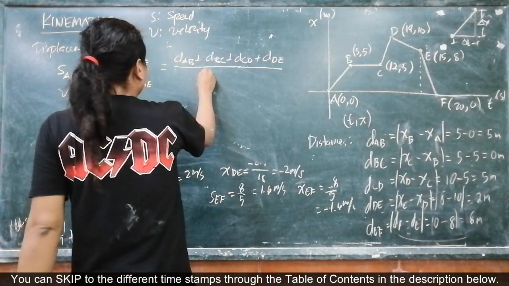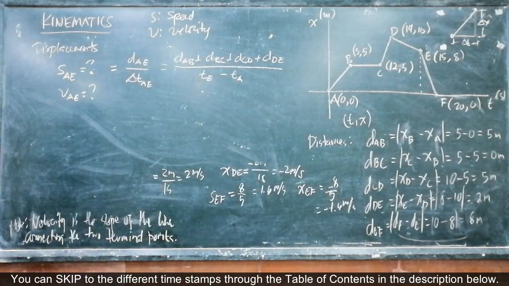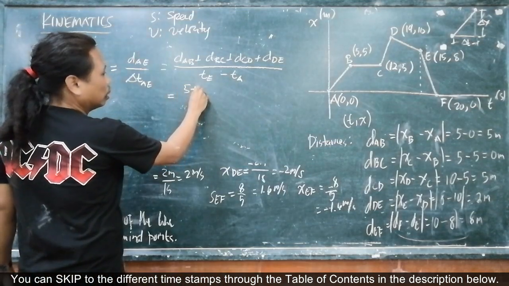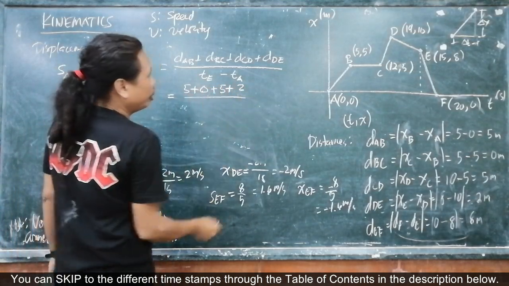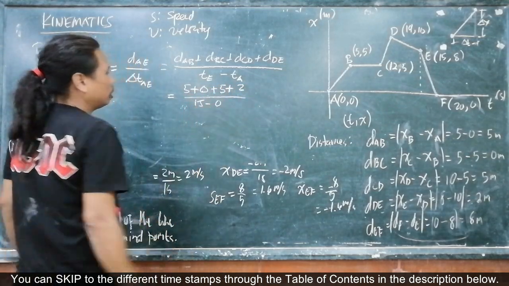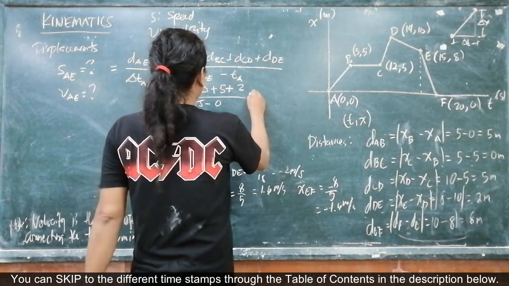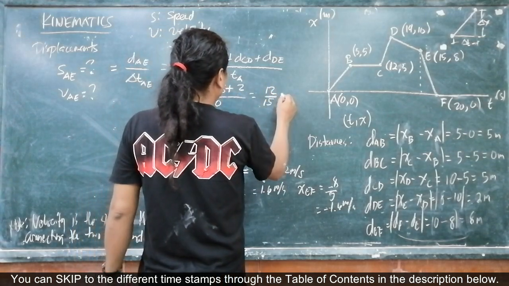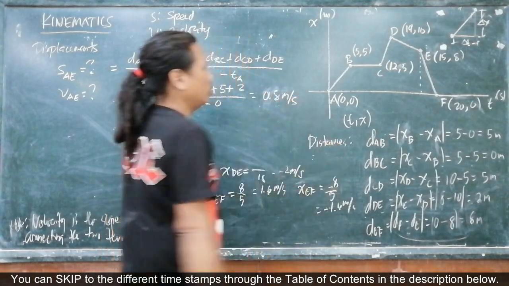And you will see that this is 5 plus 0 plus 5 plus 2 over 15 minus 0. Okay? So this is 12 over 15, right? 12 over 15. Or this is 0.8 meters per second.